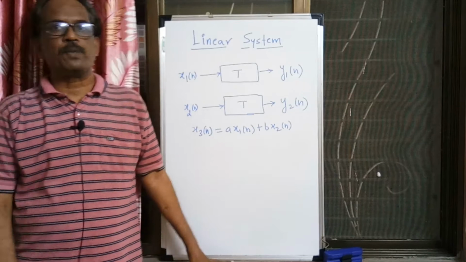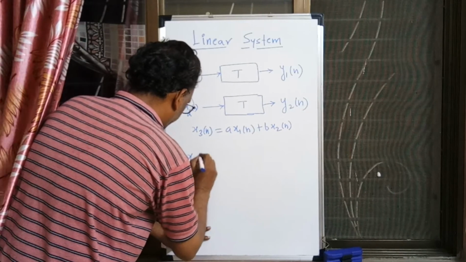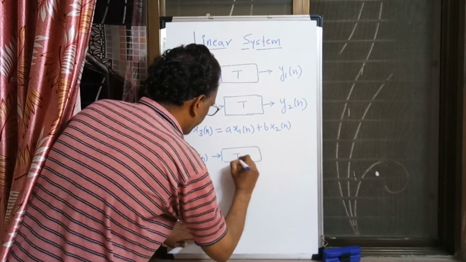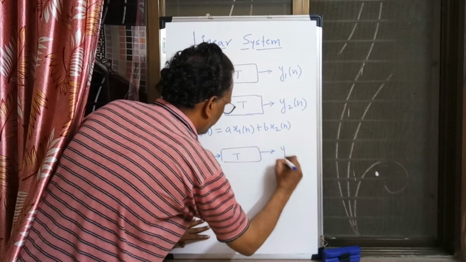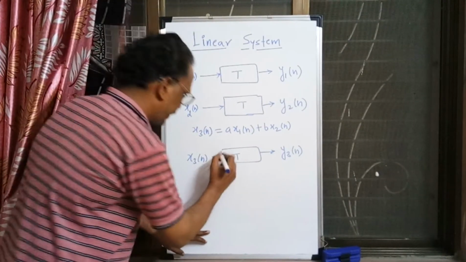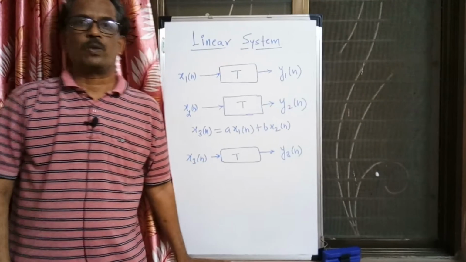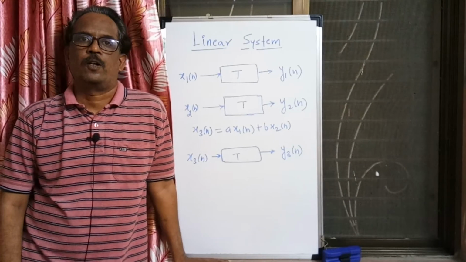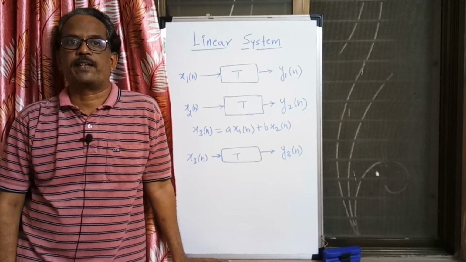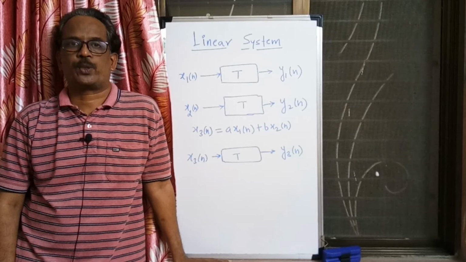In that case we can say that the system is linear if, after applying this x3[n], we get the output y3[n]. So y3[n] is the response of the system to the input x3[n], where x3[n] is a linear combination of x1[n] and x2[n].